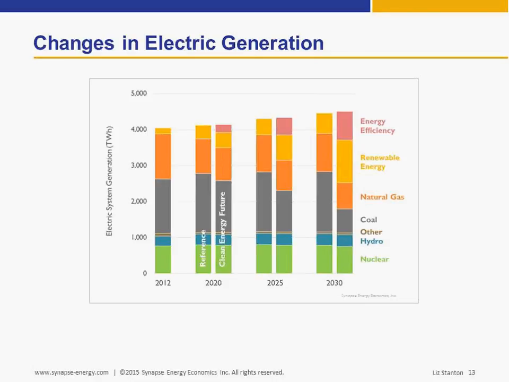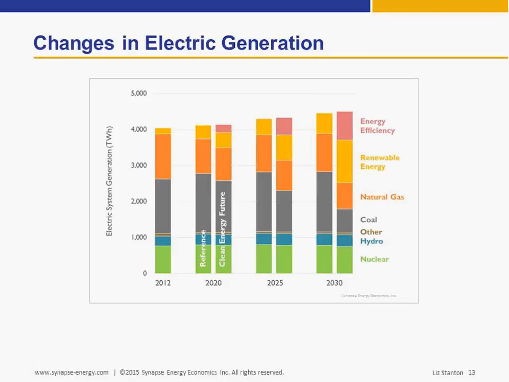And the reason that the demand would be larger is that we're assuming in our clean energy future a greater integration with the transportation sector. So more electric vehicles, and having those electric vehicles, at least for a share of them, have their storage capabilities be integrated with grid storage. So that's why you see that what we call reconstituted demand, the generation plus the efficiency, being a little larger than it is in the reference case.